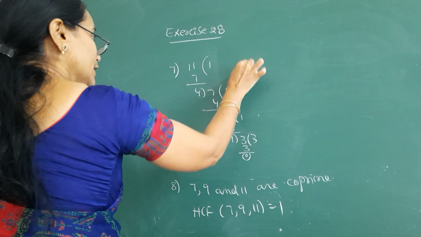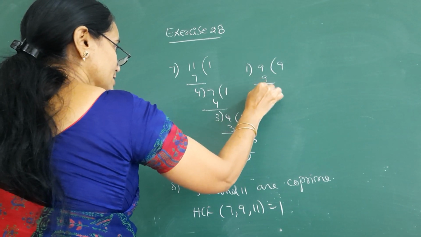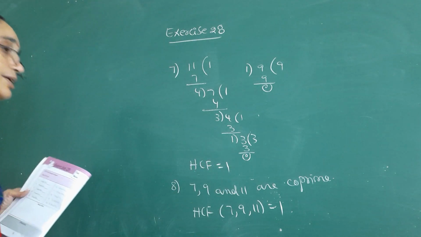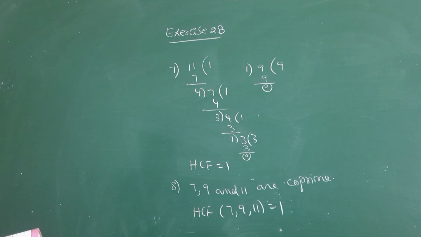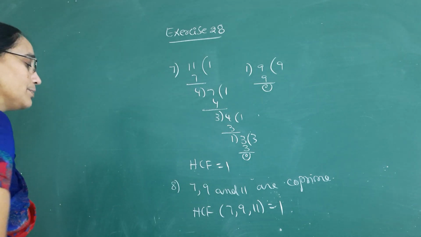Take 1 and the remaining number 9, you have to divide. 1 nines are 9. You can easily identify the co-prime numbers. Here the given 7 and 11 are prime numbers. They don't have any common factor, that's why their common factor is 1. So HCF is 1. Otherwise you have to find it with the process.